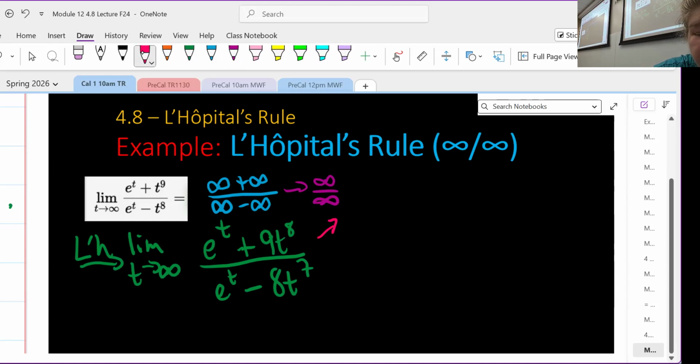All right, and then if we plug in our infinities, we're going to get, again, infinity over infinity. So we can now use L'Hopital again.